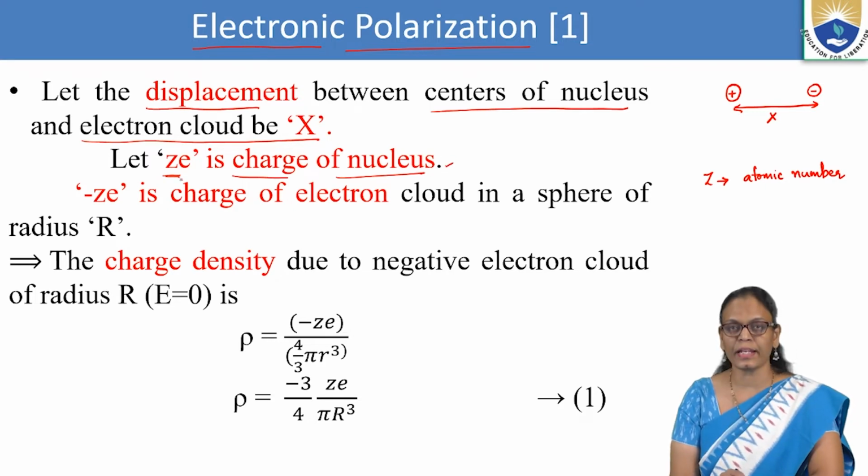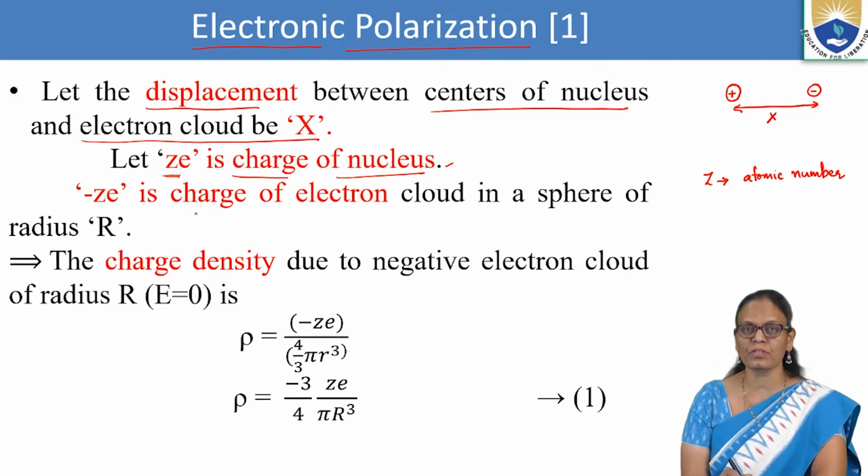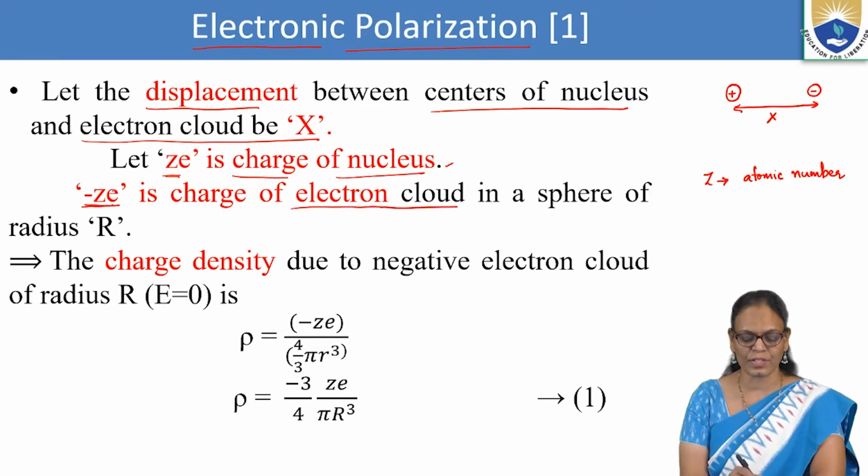Now when this is Ze, we know the atom as a whole is neutral. So the charge on the electron cloud will be minus Ze, equal in magnitude but opposite in sign.